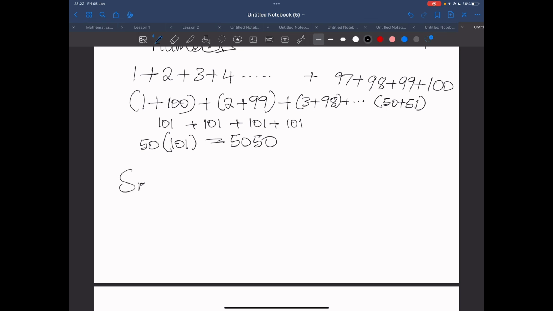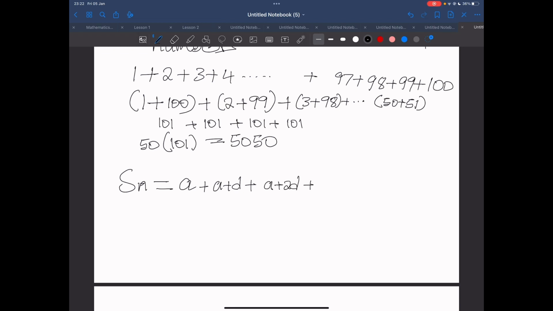We want to add terms of an arithmetic series. So let's get the general terms. We know that the first term is a. The second term is a plus d. The third term will be a plus 2d.